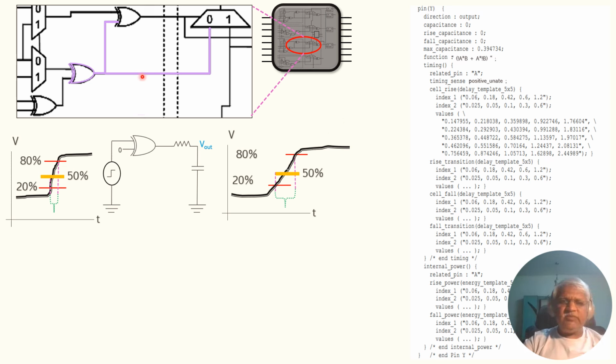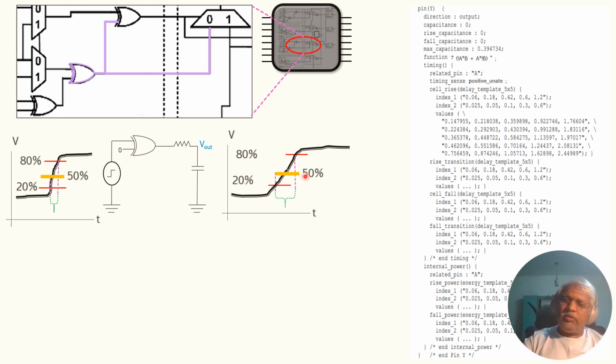In this case, assume the load value is the second value, 0.05, and the input transition is 2. So for 2 and 2, you will find the value at this point. This is the delay, and similarly the transition corresponding to 2 and 2 will come.